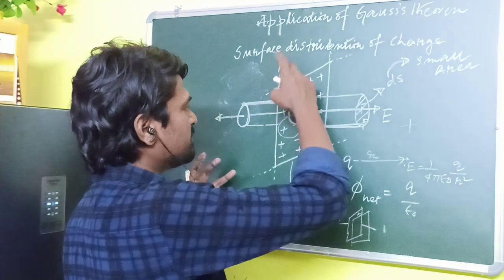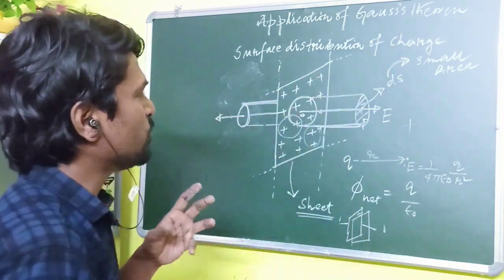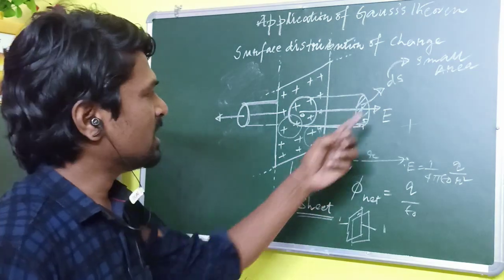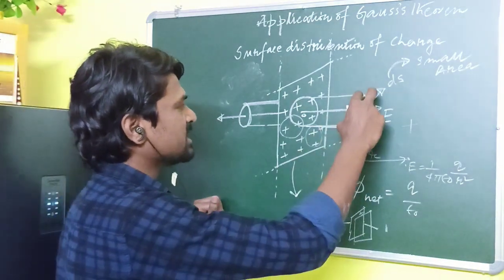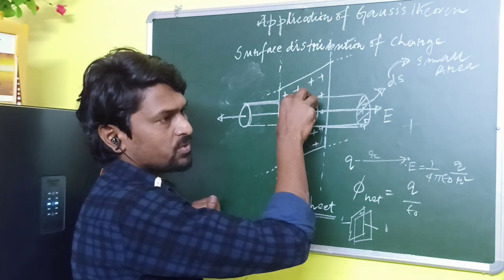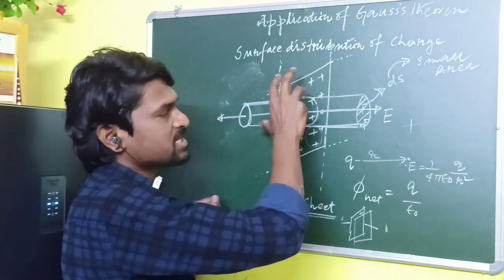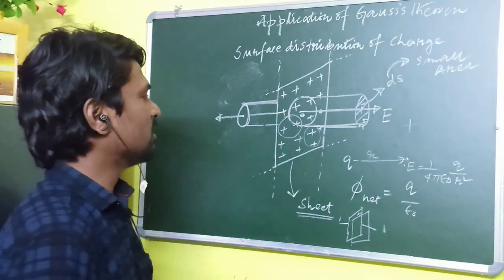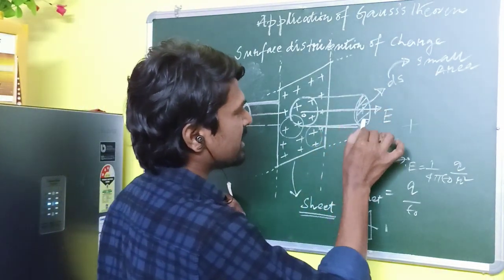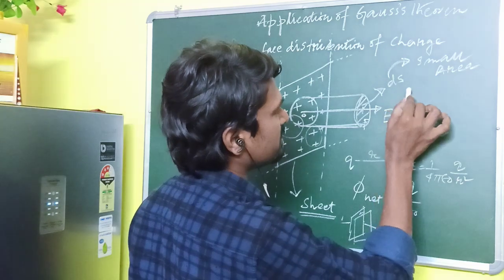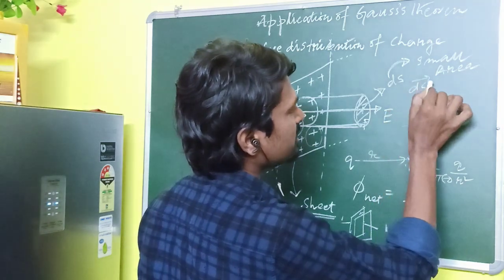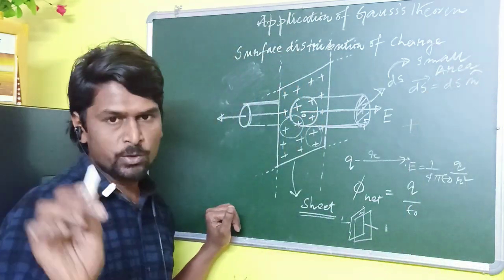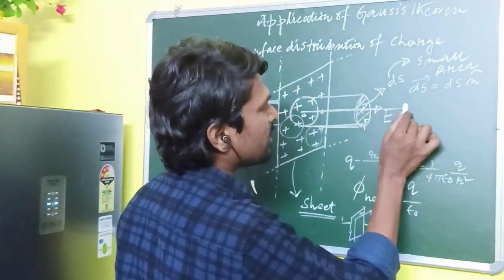For the sheet, most books use A, and if we consider this one is A, then this one is also A. So you have to take a small area ds, or ds vector, equal to the magnitude times n cap, the unit outward normal along this direction.